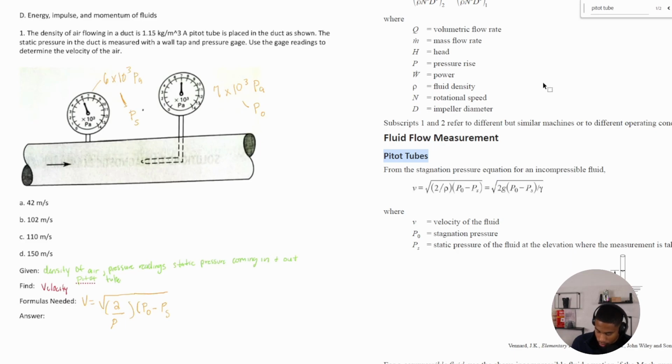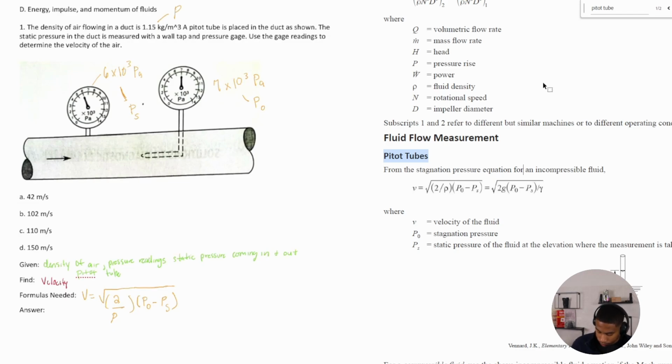Now, do we know what rho is? Yes, we know the density of the air. This is rho. All right, so we have rho, we have P0, and we have PS. Now it's just time to solve.